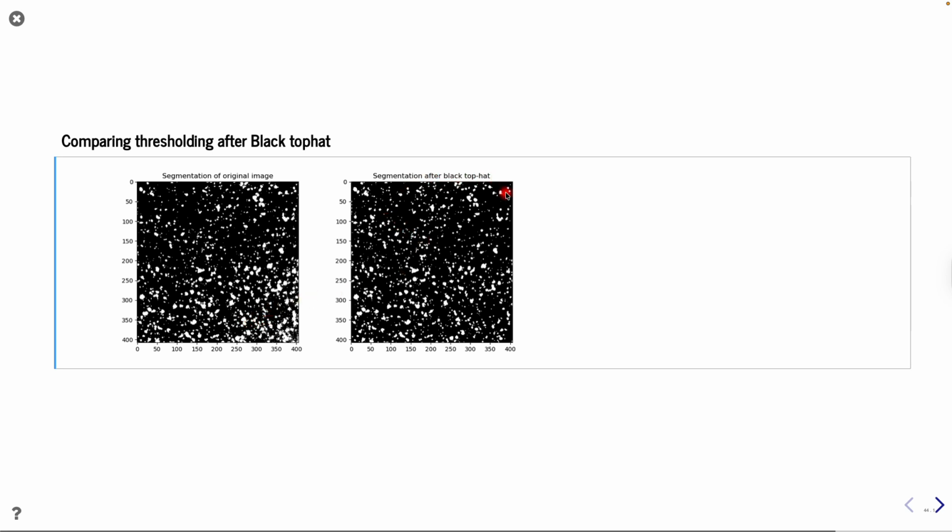And after this correction, they are, visually at least, I didn't do the calculation here, about the same in all corners of the image. So this is a way you can correct for bad background if you couldn't do it with the normalization.